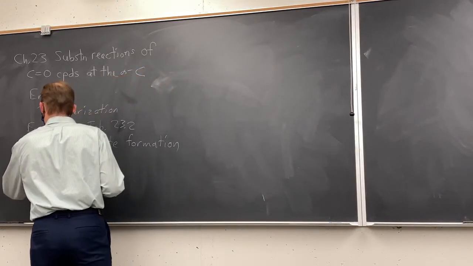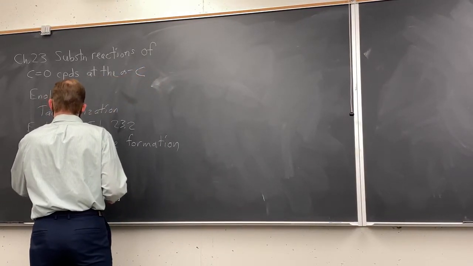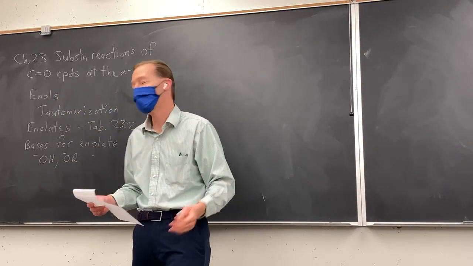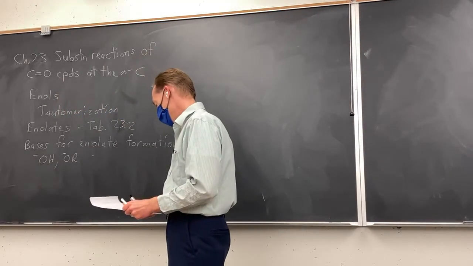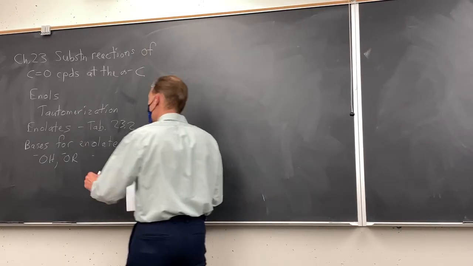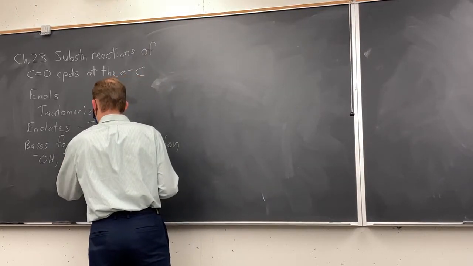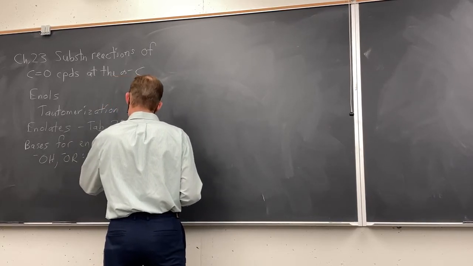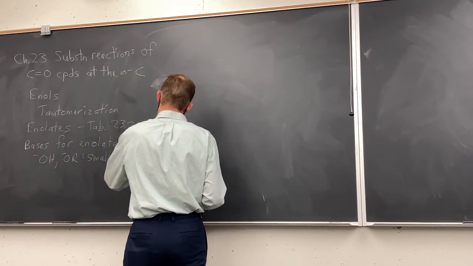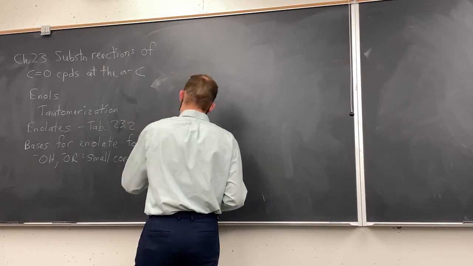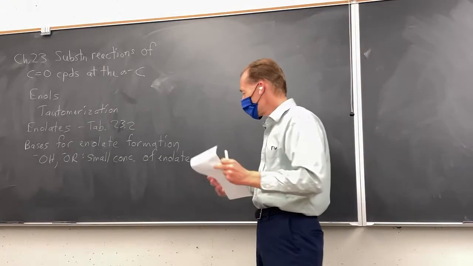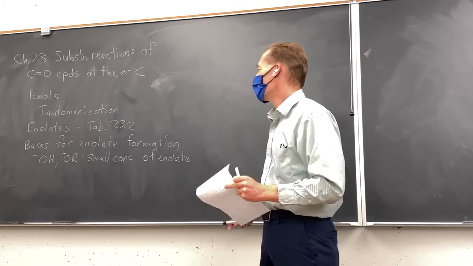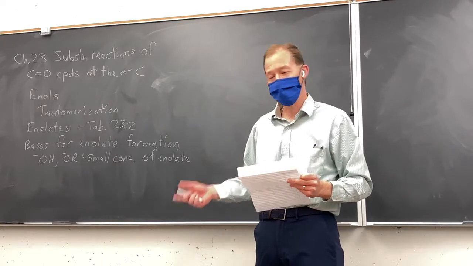We can use hydroxide or alkoxide bases such as ethoxide or tert-butoxide. And the key thing with those bases is that you're going to get a small or low concentration of your enolates. And most of your aldehyde or ketone will remain as an aldehyde or ketone. As we learned in chapter 24, that's useful in some cases.